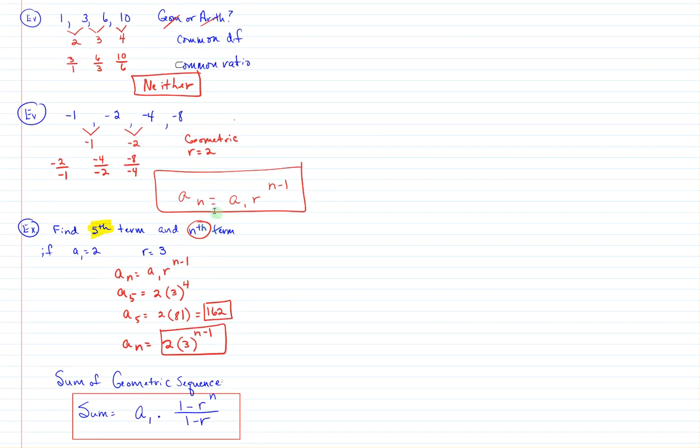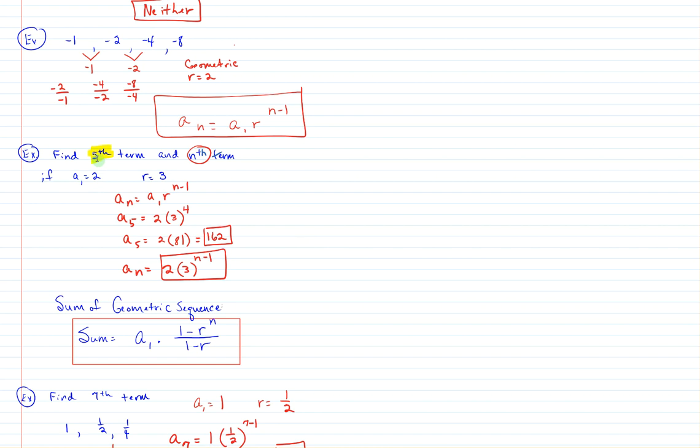Now this formula is the one we looked at the very beginning, and it says find the 5th term and the nth term. If the first term is 2 and r is 3, we're just going to plug those in. So here's our formula again: a sub 5 equals 2, which is our a sub 1, times r raised to this 5 minus 1, which is 4.